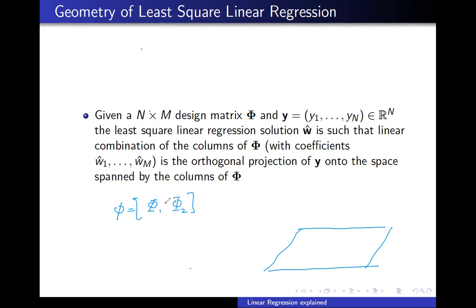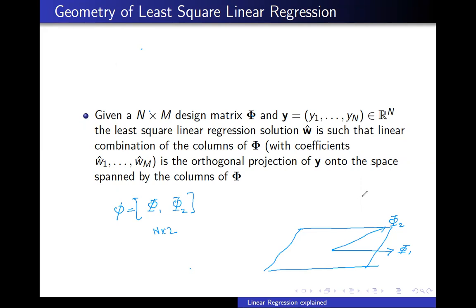So this is the first column, and this is again an n cross 2 matrix. Let's say this is the space spanned by these two columns. This is the direction phi 1, and this is the direction phi 2. And remember, these two need not be orthogonal to each other. It is simply showing that this is the space spanned by these two vectors.